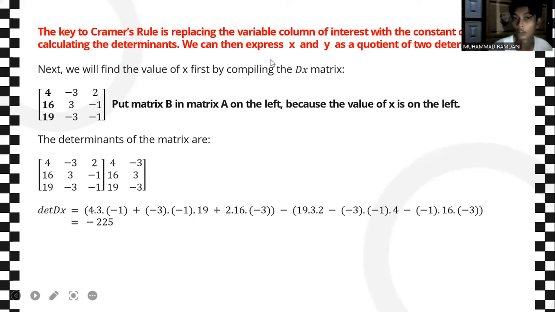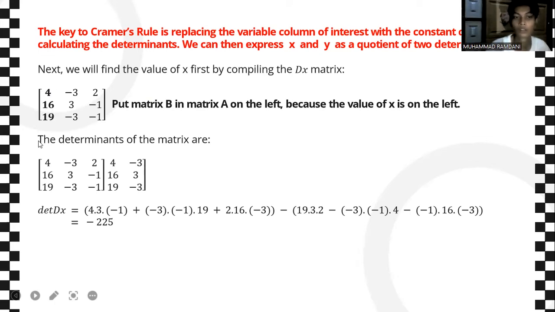I'm sorry, but in this situation I use three variables, so x, y, and z. The next step is we will find the value of x first by compiling the Dx matrix. So in matrix A, we put matrix B in the left column because the value of x is on the left. So the first column can change into 4, 16, and 19. This is matrix B.